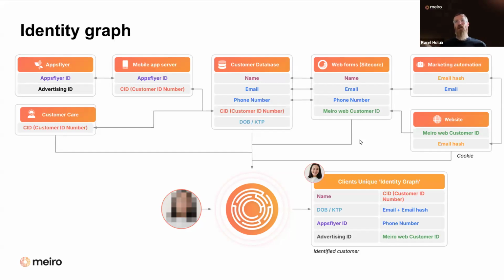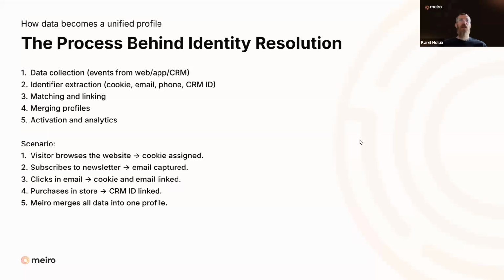So then we are looking for the common identifiers among those pieces of data, and that can be user ID, it can be email, it can be hashes of the contact details, it can be ads ID, you name it, right? And based on those identifiers, we are connecting those pieces of data together. And again, the result is a single view of a client.